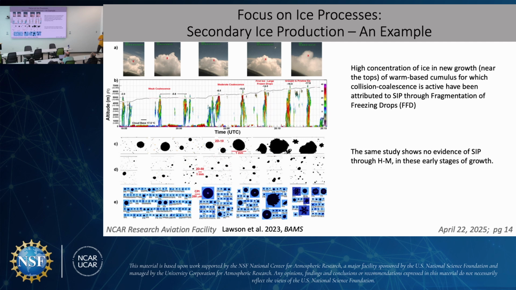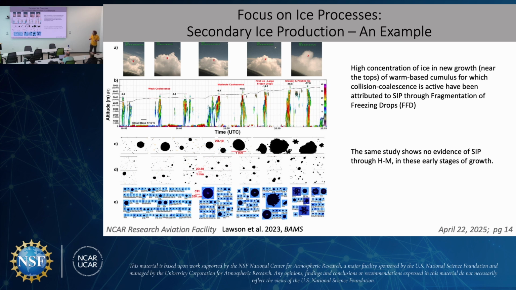They had bases low enough that you're developing drops through collision coalescence, and those large drops were being carried upwards in cloud, and we begin to see ice production at temperatures around -10 to -12 degrees Celsius. And that production of ice was very clearly being, at least in part, due to the fragmentation of frozen drops, which is a mechanism that has been around for a long period of time.